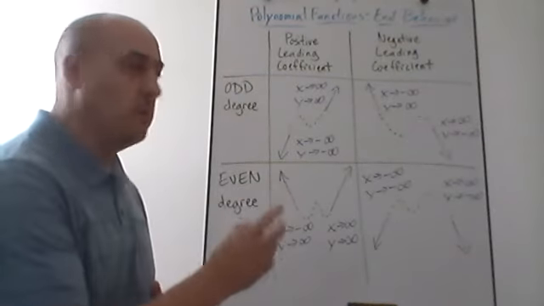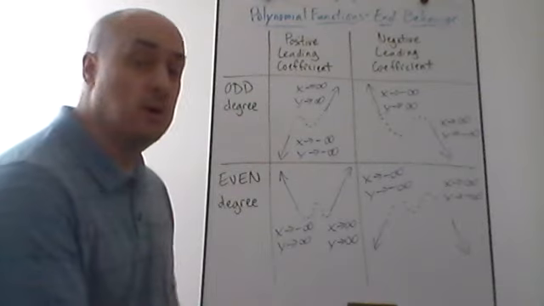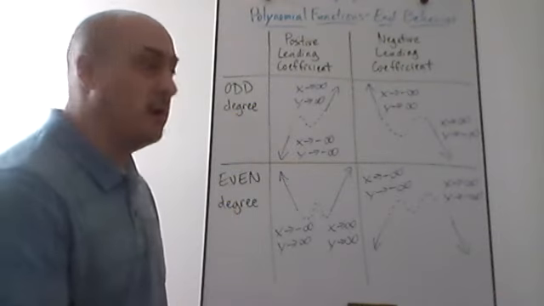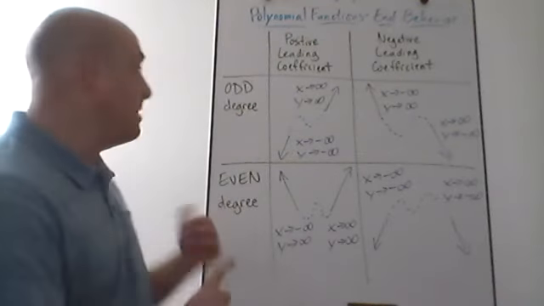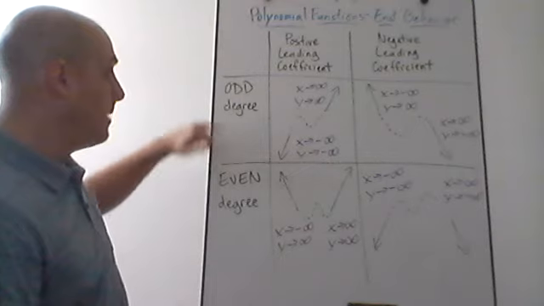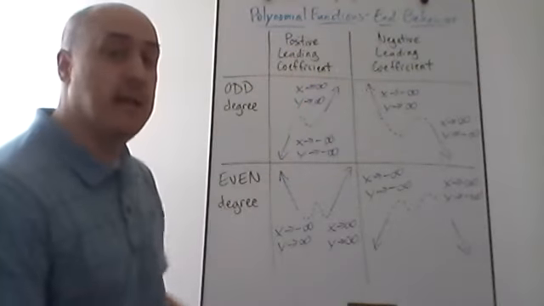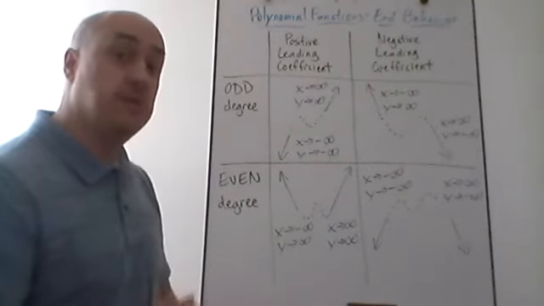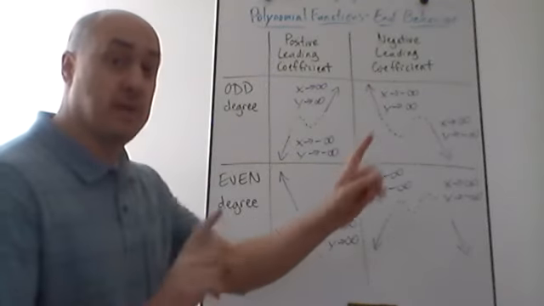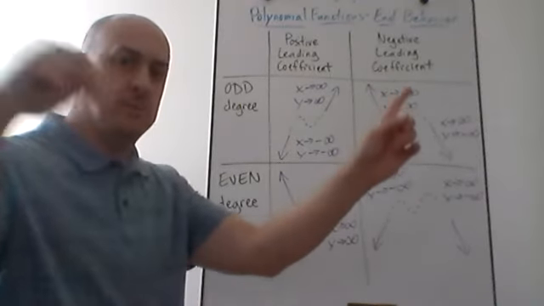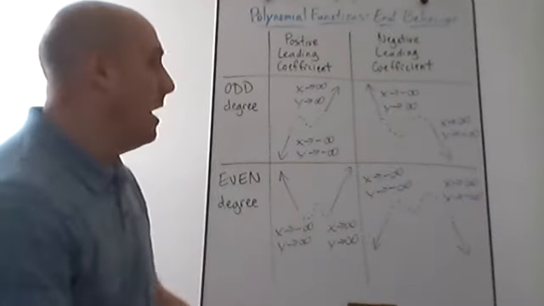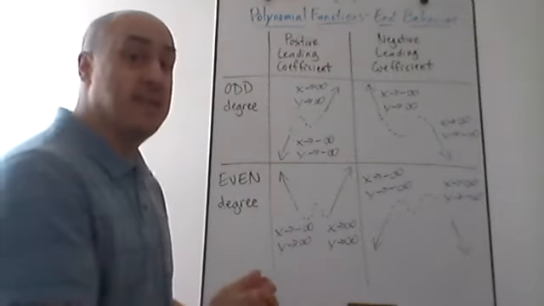The highest exponent gives you the degree of your polynomial, and that also gives you your leading term. If we look at whether the degree is an even or an odd number, and then at whether the leading coefficient is positive or negative, that completely determines the end behavior of the graph. As you go off to the ends, are they both going up? Is one going up and the other going down? All that is determined just by that leading term.